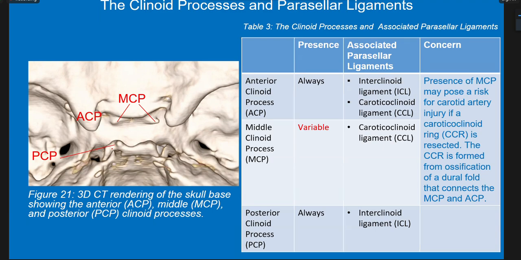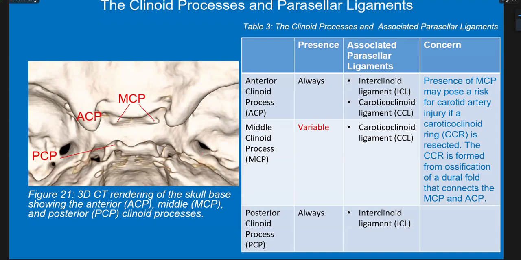So this is important because there are dural folds connecting these processes, and these dural folds may actually ossify. And basically, they need to know that because you cannot just cut these ligaments. They will be acting like a bone, and you can cause injury to the internal carotid artery.